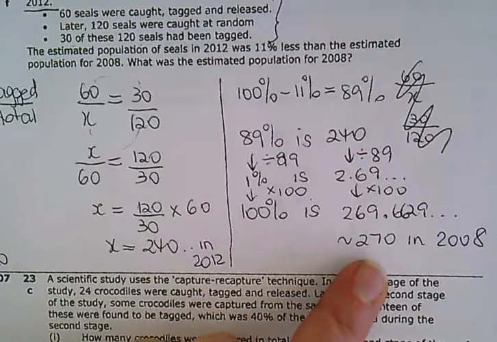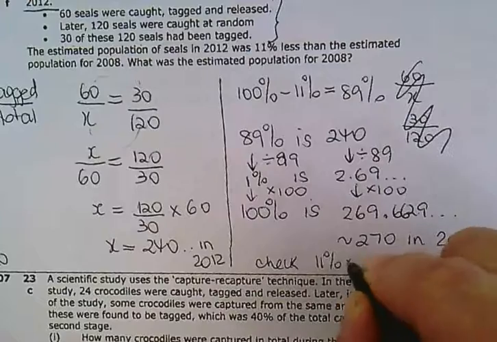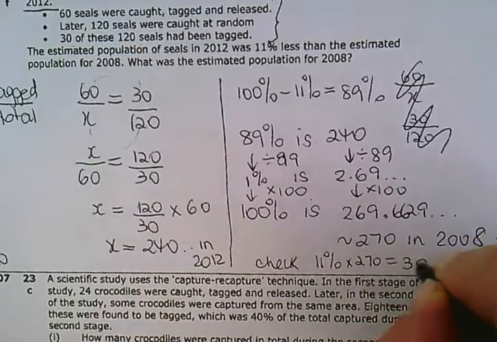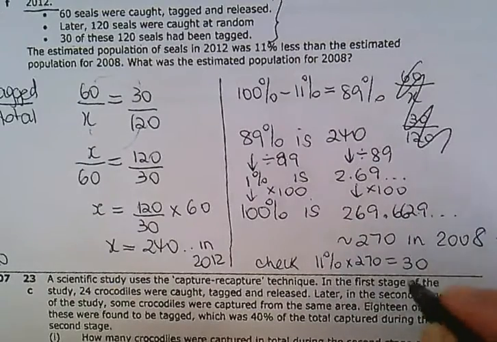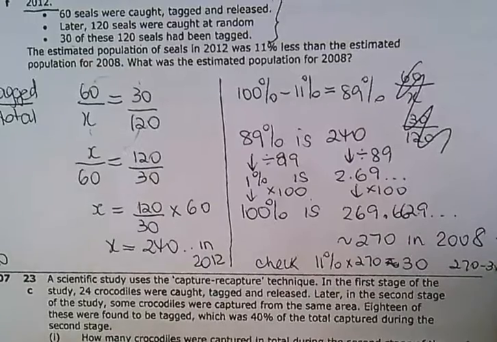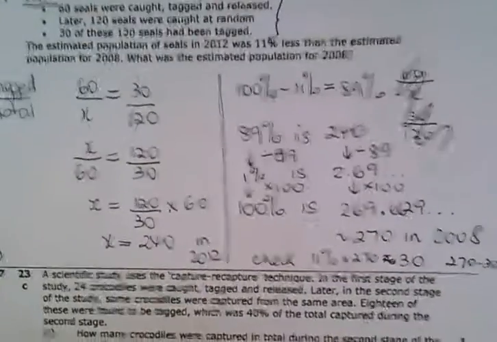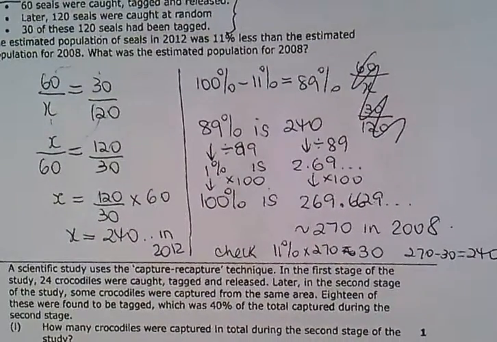Now, to check your answer, if you do 11% of 270, I think you'll get about 30. So if you want to check that answer, let's just check. What's 11% of 270? I think you get 30. Yeah, which is approximately 30. And 270 minus 30, that gives me that 240 population in 2012. So the population numbers were higher in 2008.